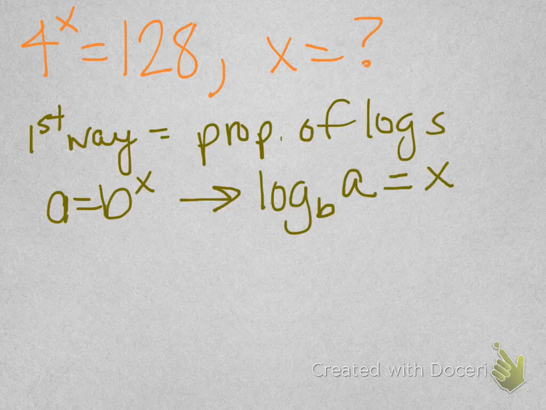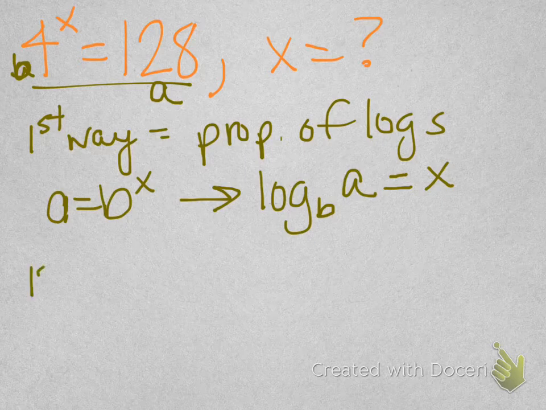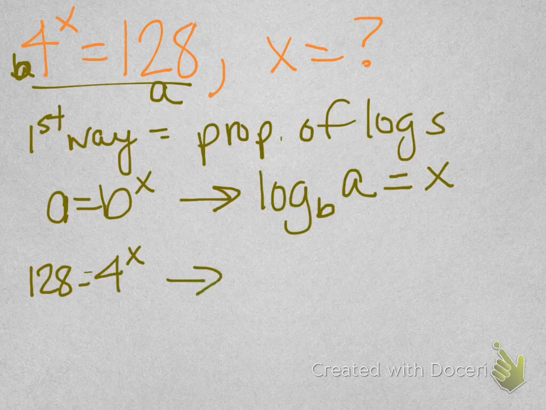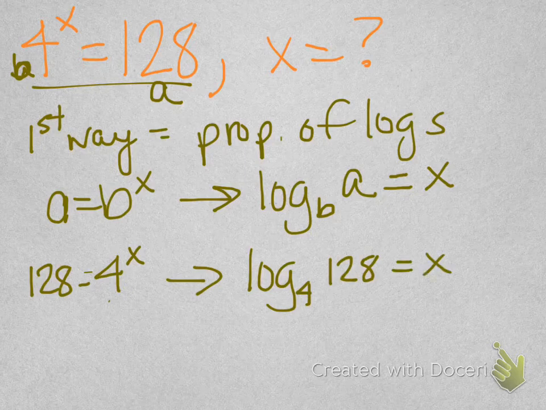So I can rewrite 4 to the x power equals 128, where 4 is b, x is x, and 128 is a. So I could rewrite this as 128 equals 4 to the x power, and I can put that into log form. So log base 4 of 128 is equal to x.